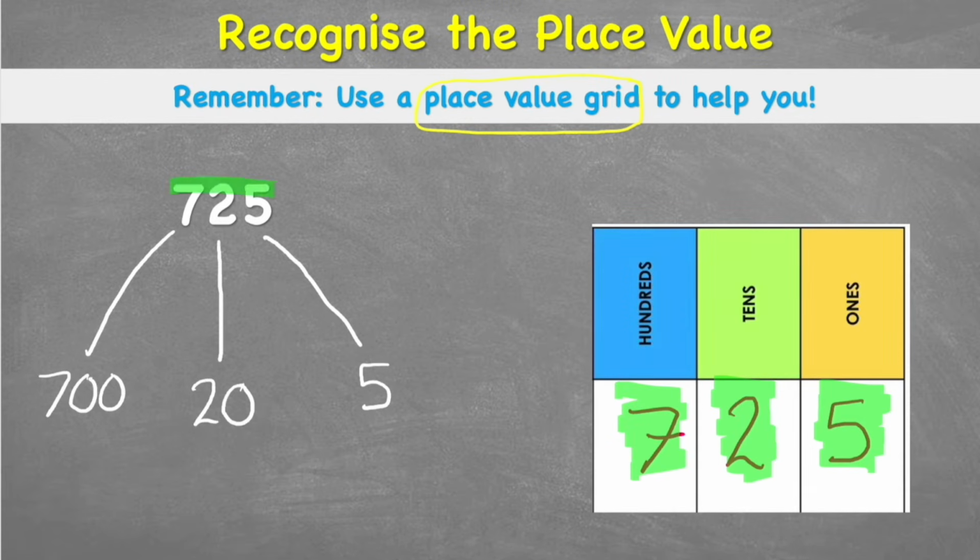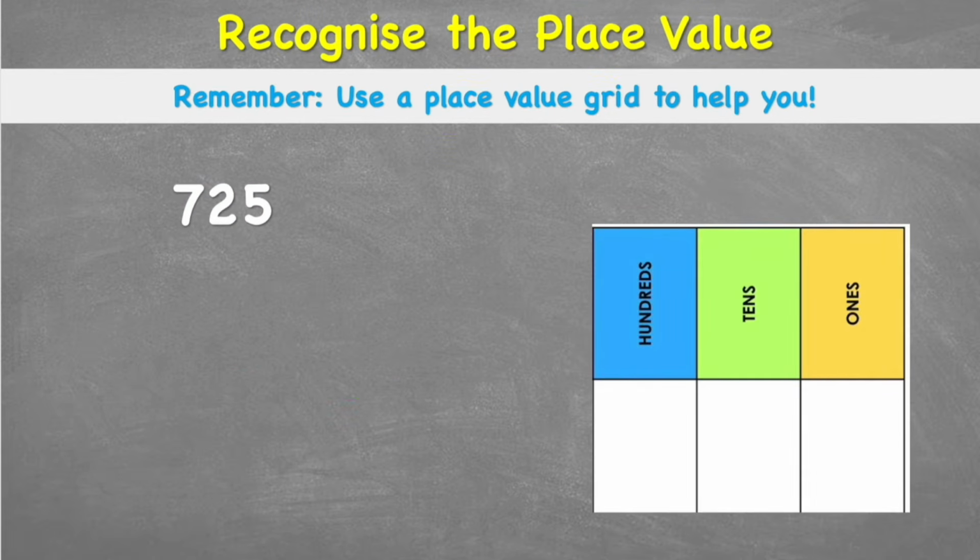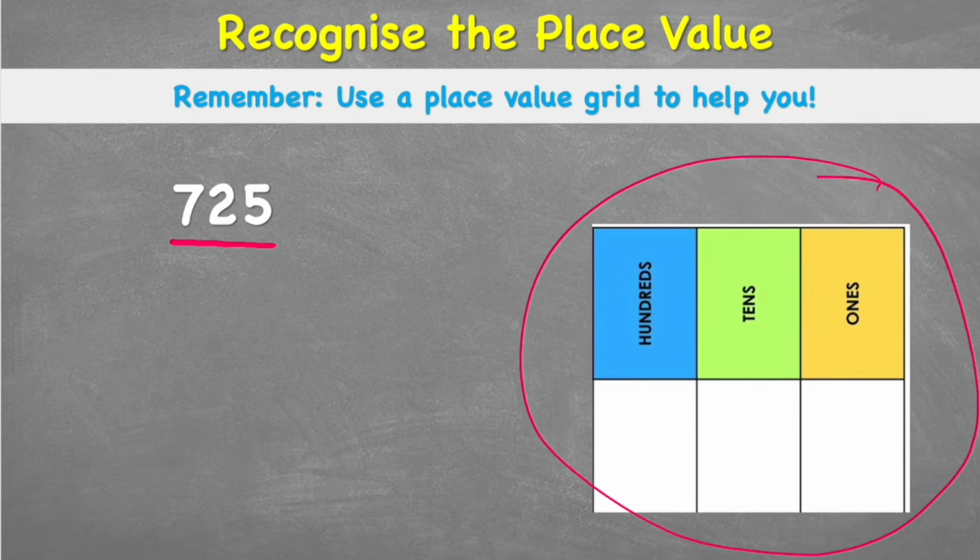So 725 has the same value as saying 700, add 20, add 5. So what we can do is just look at our 725 and create our own place value chart above it. We can say I have 5 ones, 2 tens, and 7 hundreds.